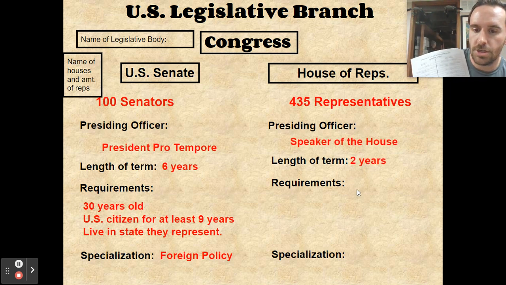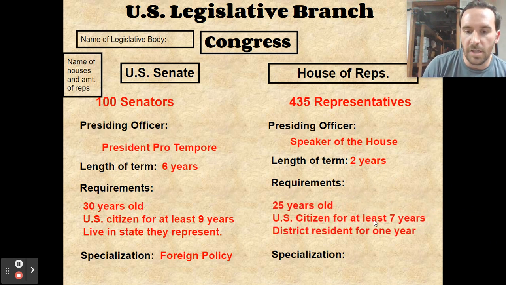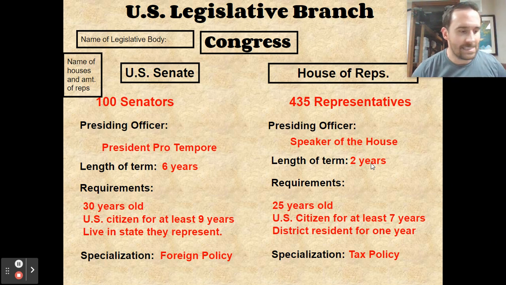They're in charge for 2-year terms. And you can be a bit younger. You can be 25 years old as a House of Reps member. You only have to be a citizen for 7 years instead of 9, and you have to live in the district that you represent. They specialize in taxes and spending money.